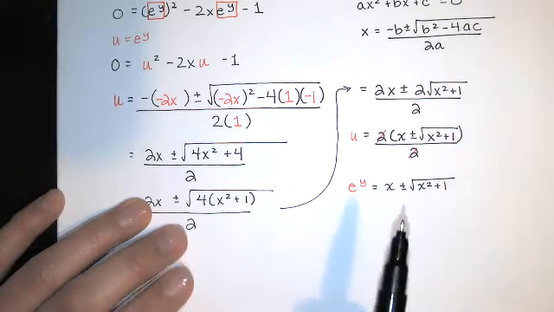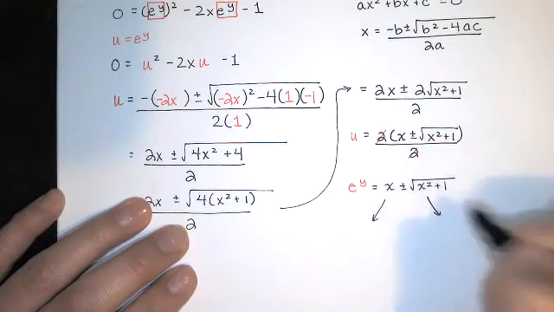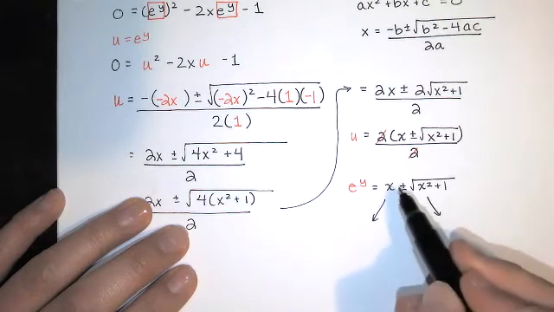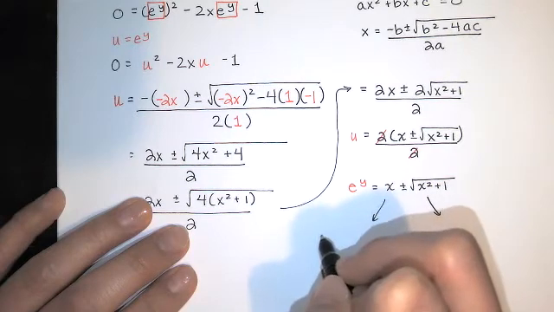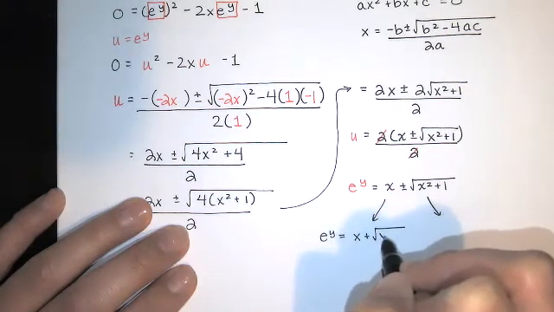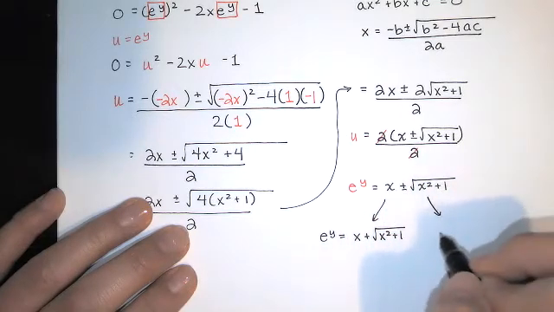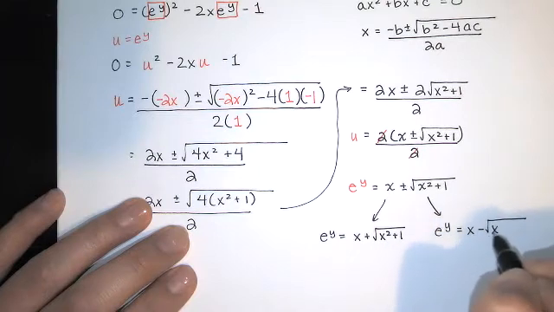Now, this plus or minus actually gives us 2 solutions. That corresponds to 2 different equations. We have u, or e to the y, equals x plus that square root. And then over here, we have e to the y equals x minus that square root.